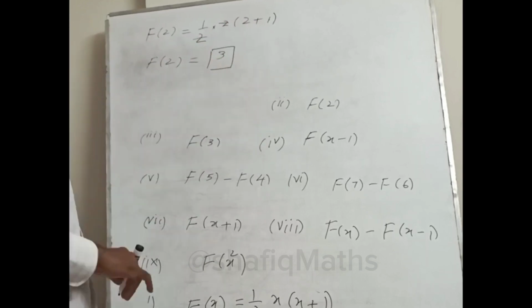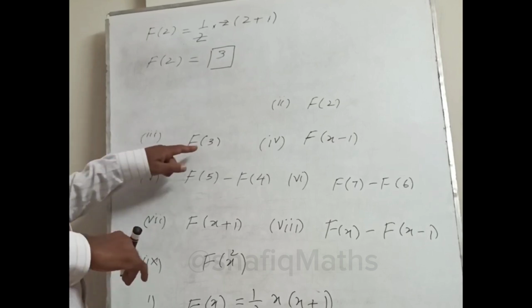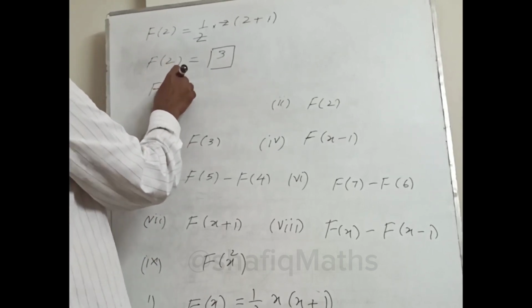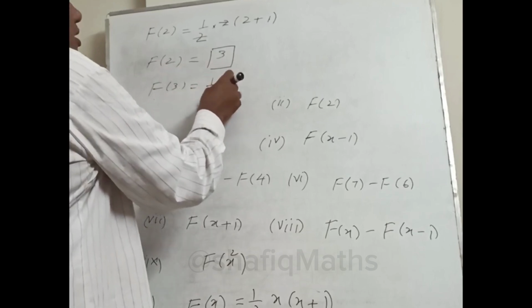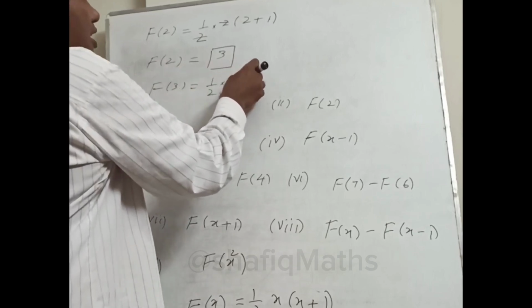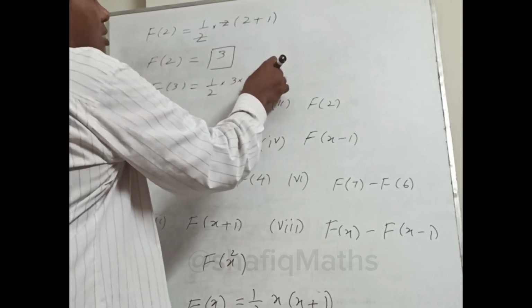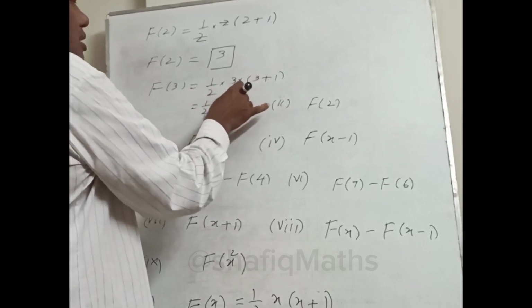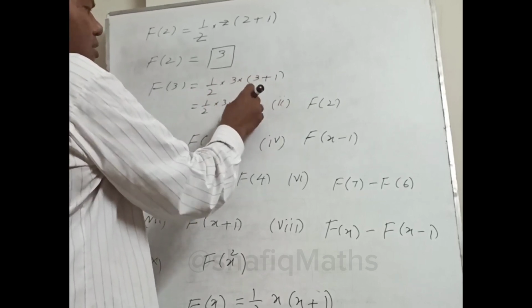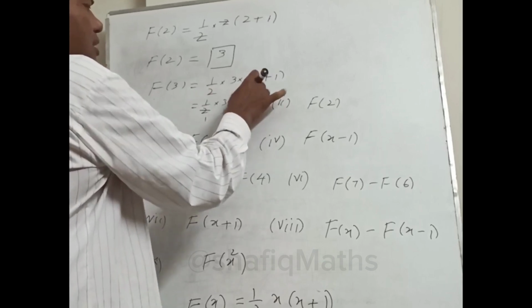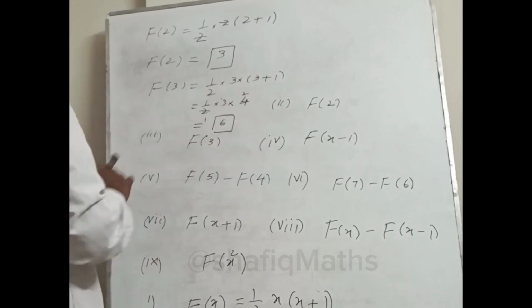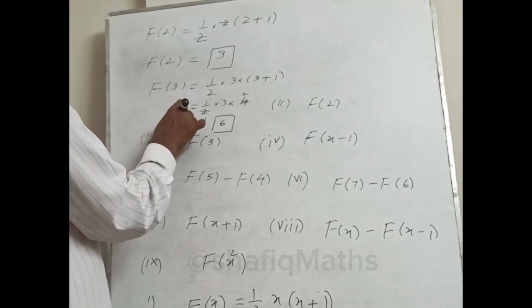This is the second part of the question. Now coming to f(3). So f(3) will be 1 upon 2 into 3 plus 1. 3 plus 1 is 4. 2 ones are 2, 2 threes are 6. This is the third part of the question, that is f(3).